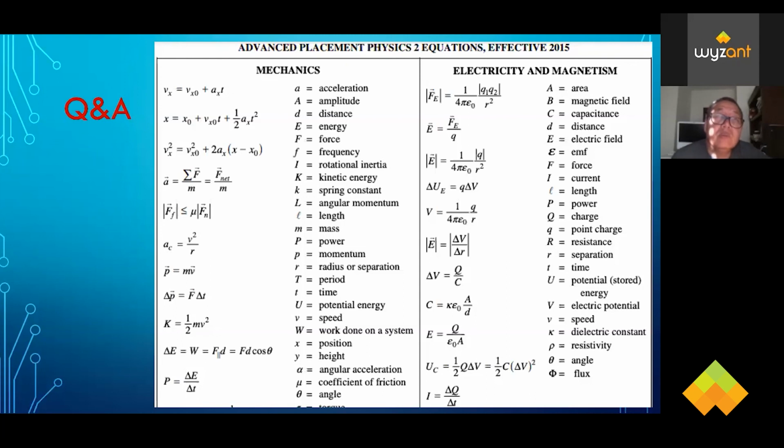So for the AP Physics 2, my experience is that AP Physics 2 actually is easier to get a good score than AP Physics 1.